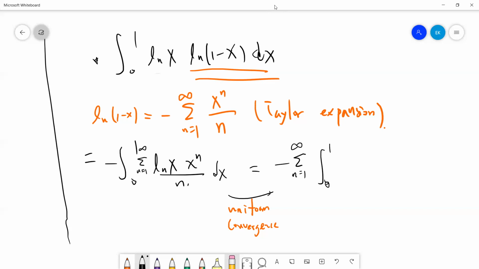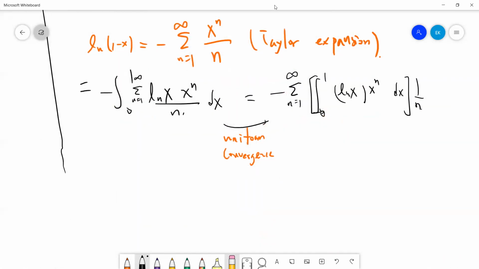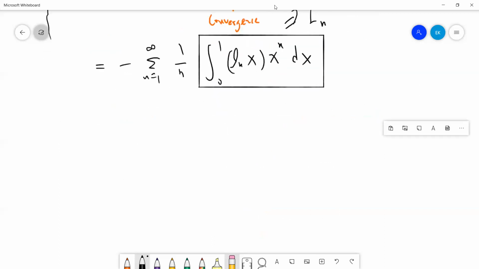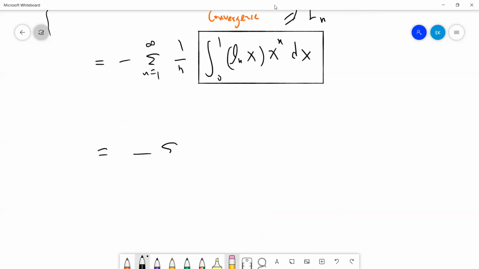So you get the integral from 0 to 1 of ln x times x^n dx. We need the result of this integration, so let's call it I_n. Our result will be the sum from n equals 1 to infinity of I_n divided by n.